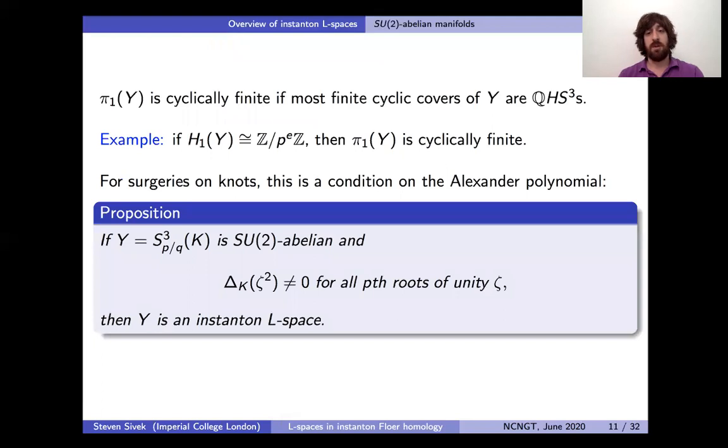So the characterization turns out to be the following. If we have p over q surgery on a knot K, and that's SU2 abelian, and if the Alexander polynomial of zeta squared is non-zero whenever zeta is a pth root of unity, p being the numerator of the slope, then Y is an instanton L space, because that condition on the Alexander polynomial is exactly what it means to be cyclically finite.